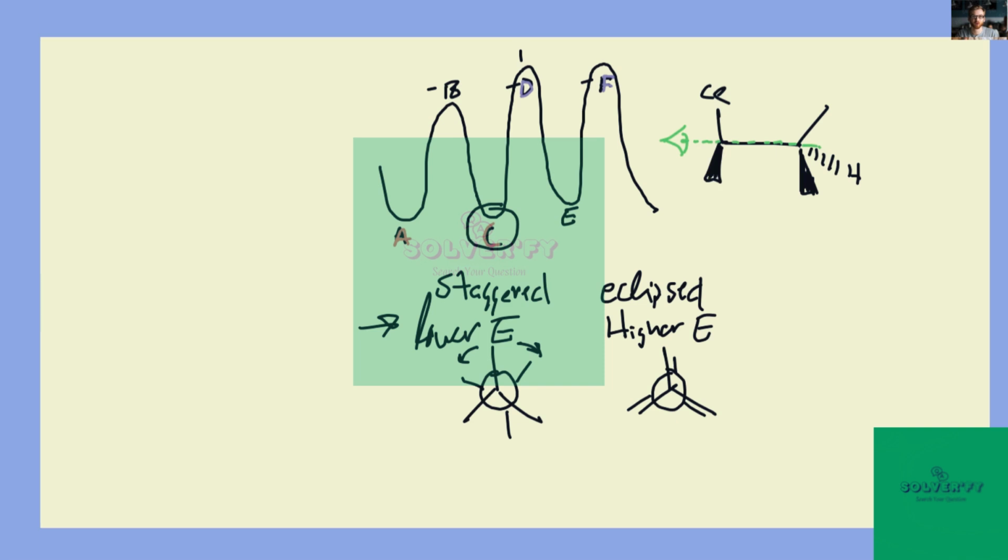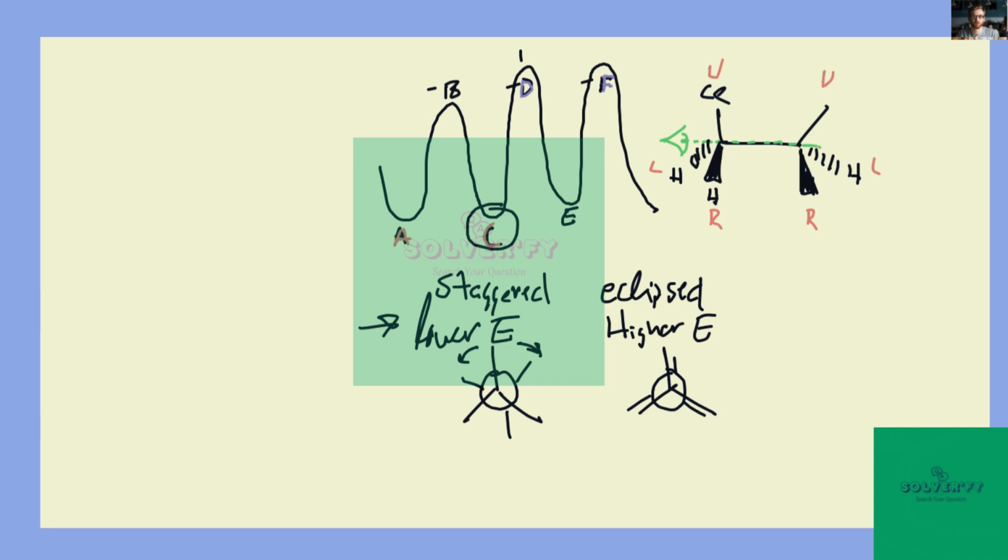Then I'm going to put this hydrogen on a wedge and add my hydrogen in the back. Okay, so I've got my hydrogen closest to me on the right. I've got my methyl far away on the right. I've got a hydrogen on the left in the back. I've got a hydrogen on the left in the front. And then my chlorine is straight up, and this methyl is straight up.